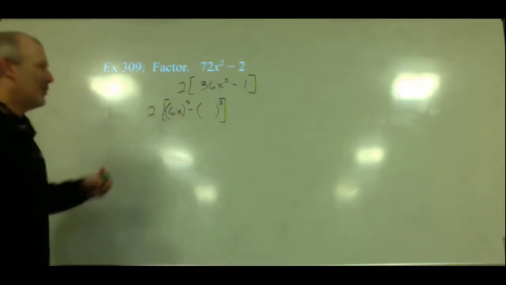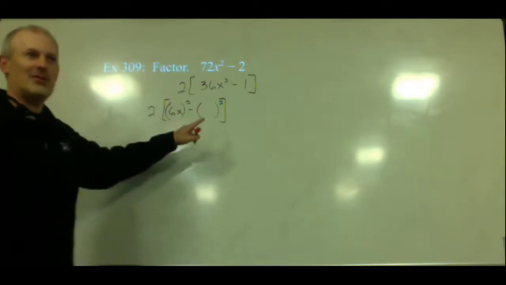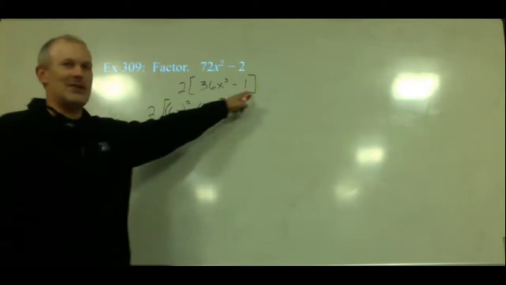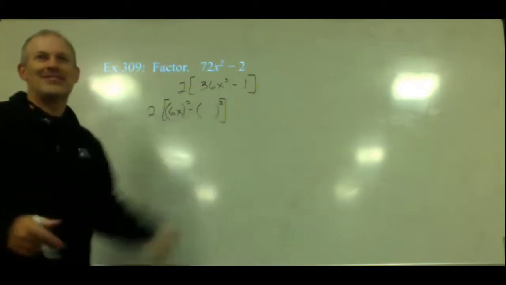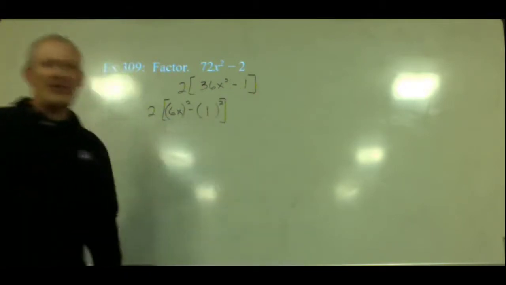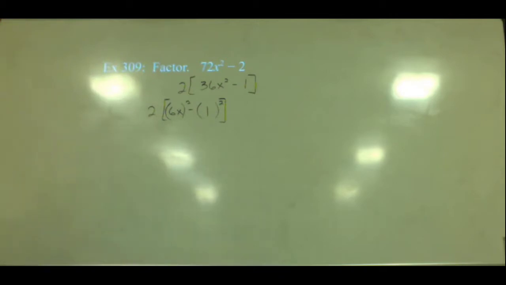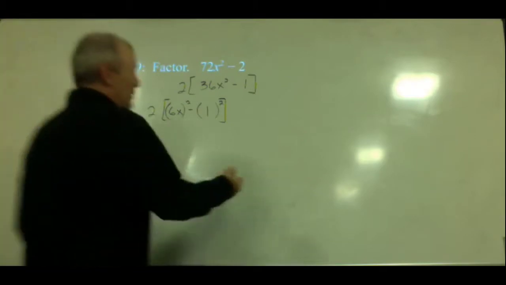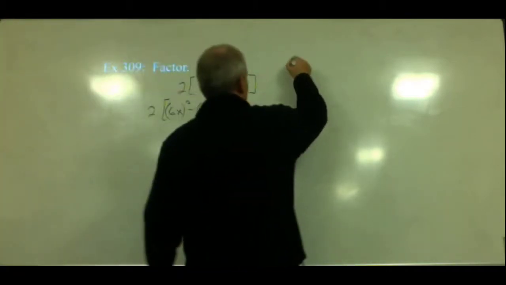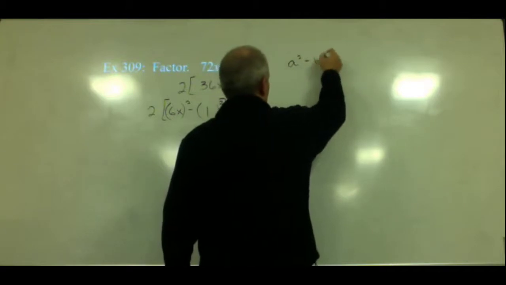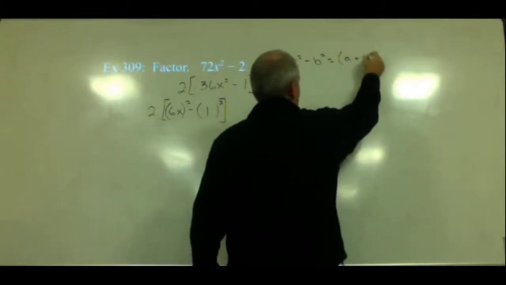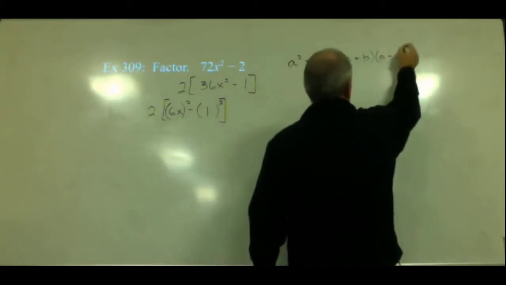And in this one, I don't think it should be tricky, but sometimes people don't like this one. What squared will give us a 1? 1. People are like, no, how can something squared be itself? It does happen sometimes. Not often, but sometimes. Okay, so once we've identified the pattern, if you go back to your notes and you see the pattern, a squared minus b squared is factored, and it's a plus b and a minus b.